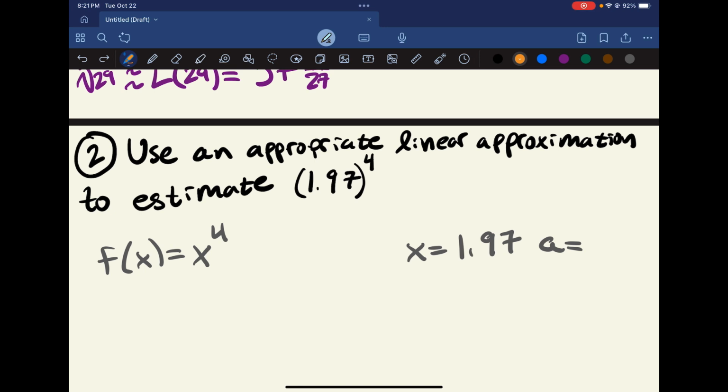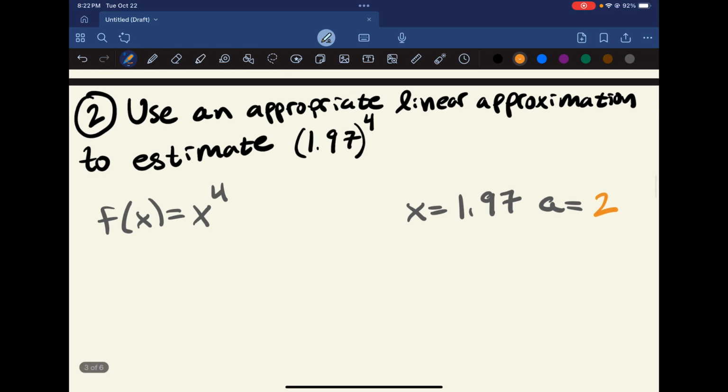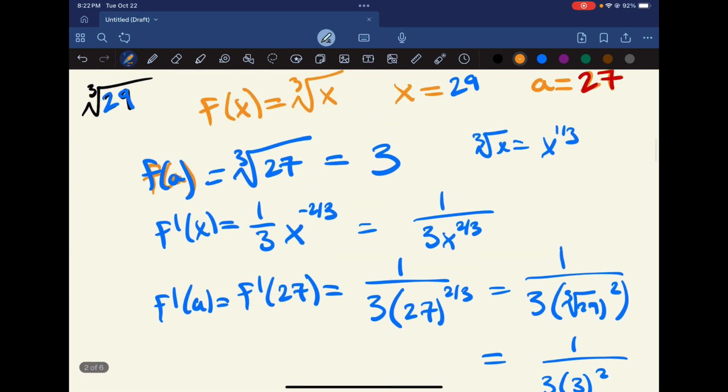So the way we do that is we figure out a equals 2. 2 is very close to 1.97. We can easily figure out what it is to the 4th power. 2 times 2 times 2 times 2 is 16. So that's what we'll be working with.